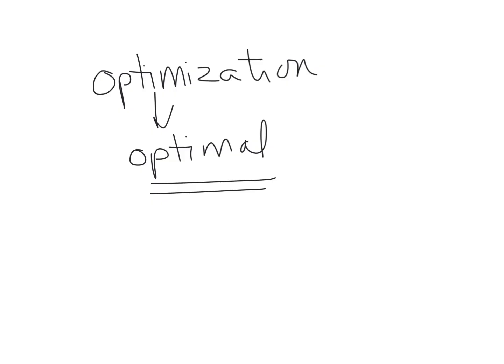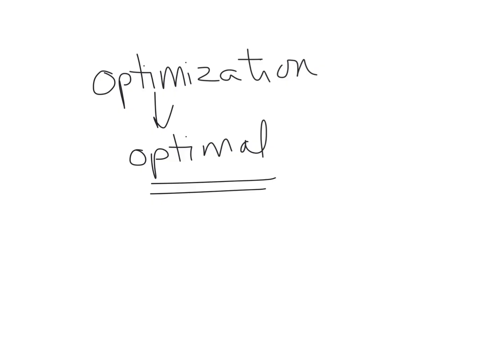So optimization is used to make the best decisions or the best uses. We would want to maximize profit or minimize costs. In this case, we're going to look at ways of utilizing resources in order to have the best outcome.